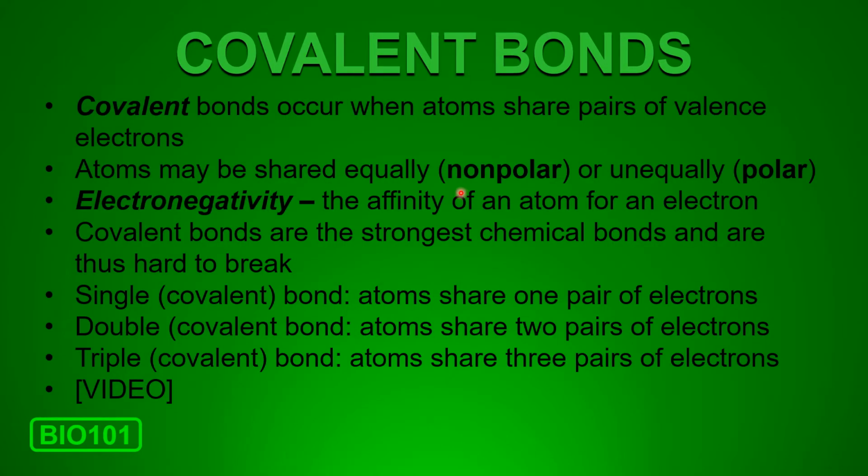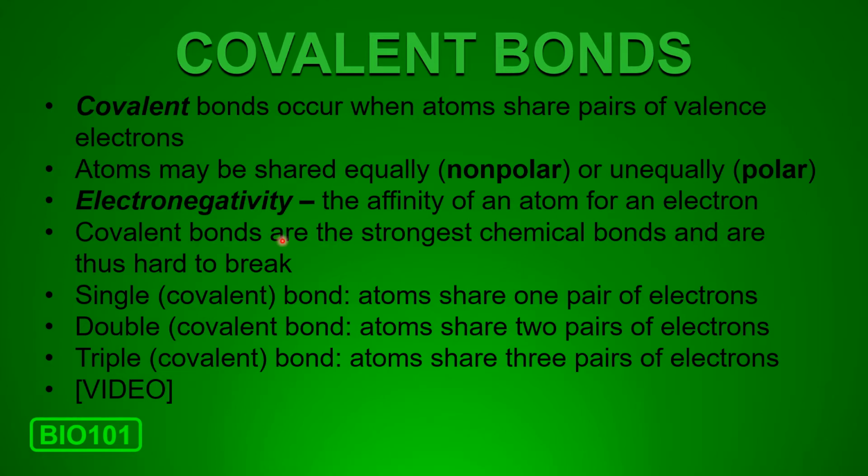Covalent bonds occur when atoms share pairs of valence electrons. They can be shared equally, that's a nonpolar situation, or they can be shared unequally, that's a polar situation. We'll see that once again as we talk about water.